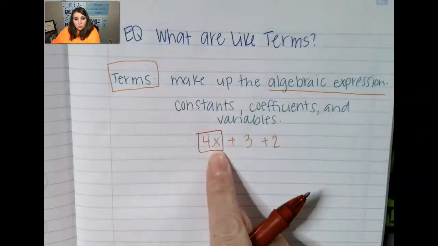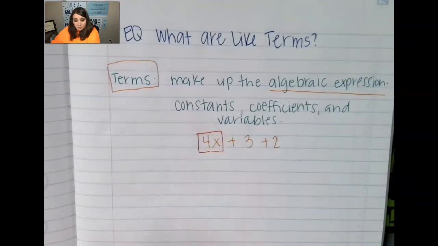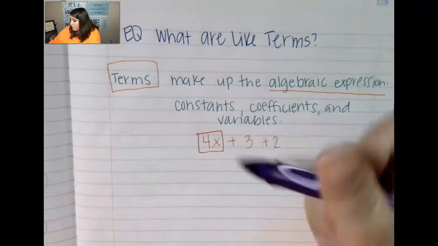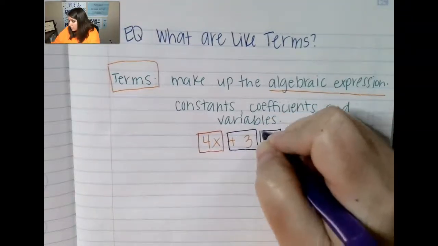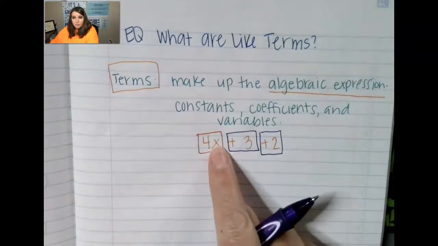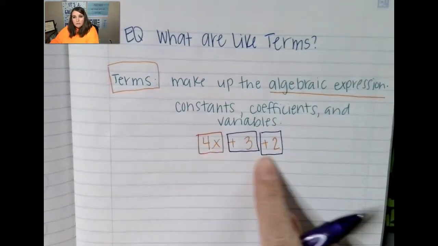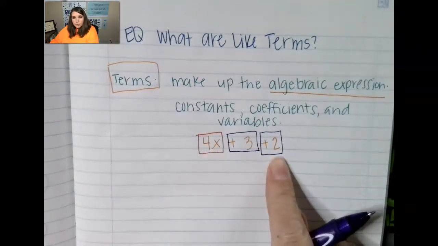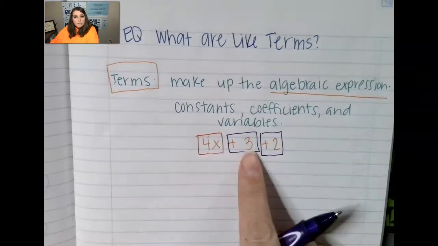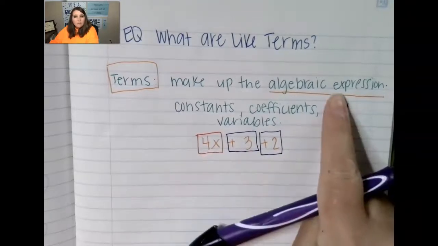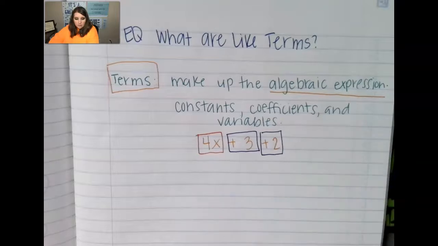It works together with the variable to create a number. We have the constants and another constant. Okay, we also have the variable of x. All of these things are terms. Each one of these is a term. Without these things, we would not have the algebraic expression.